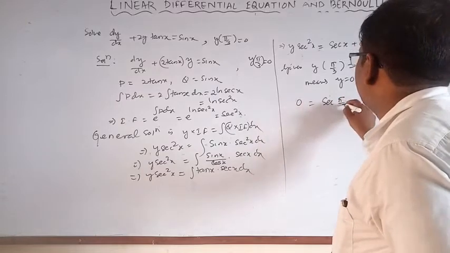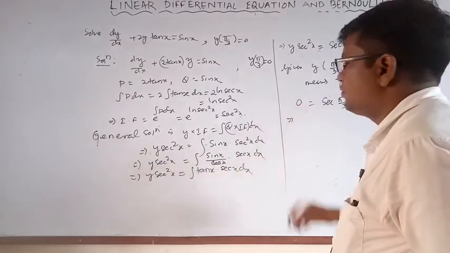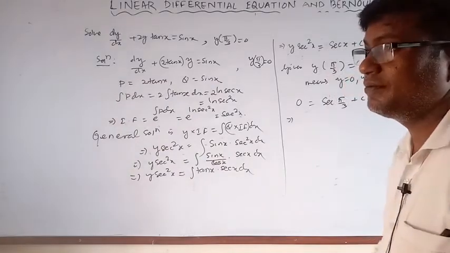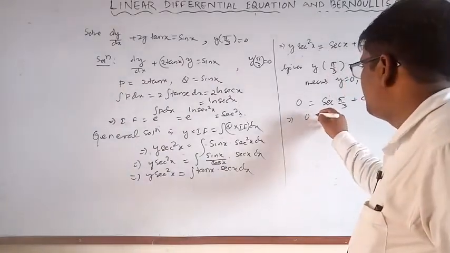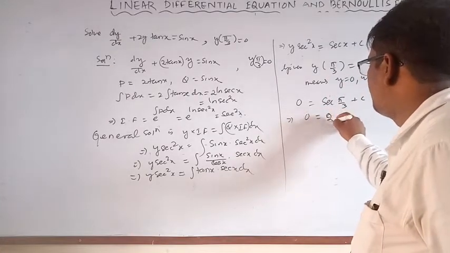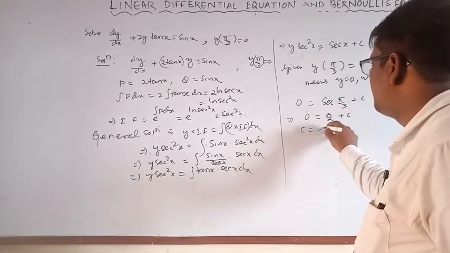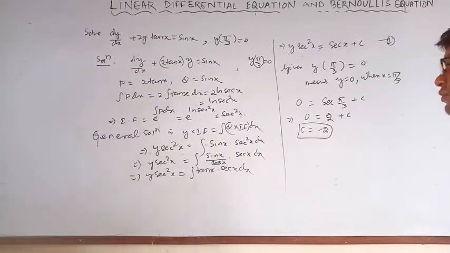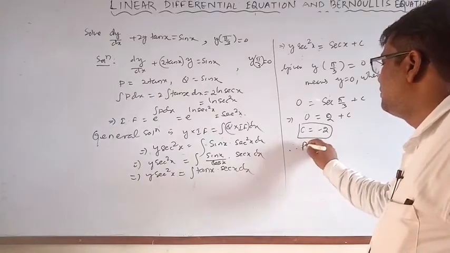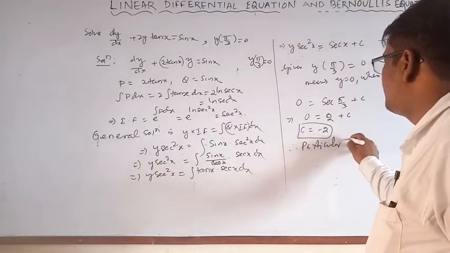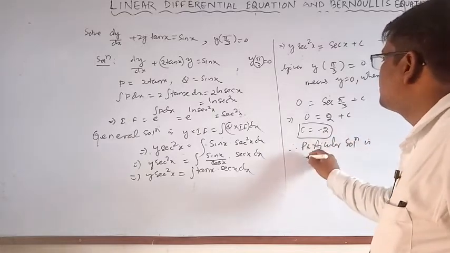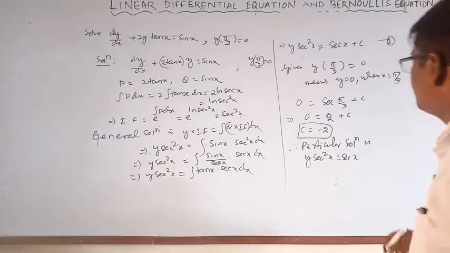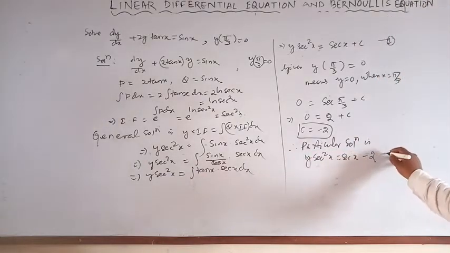So 0 is equal to sec 60 plus c. The value of cos 60 is half, so sec 60 is equal to 2. So 0 is equal to 2 plus c, so c is equal to minus 2. Now the particular solution is y sec squared x is equal to sec x, with c equal to minus 2. This is the answer.